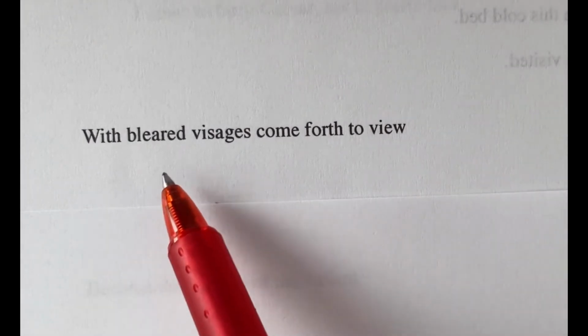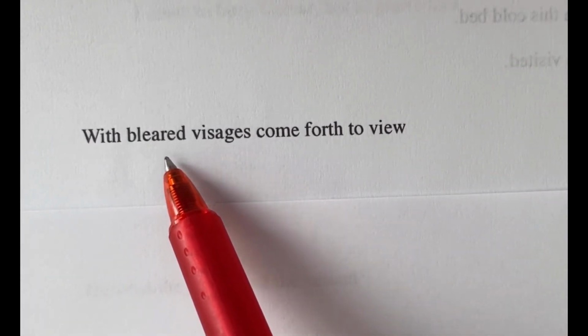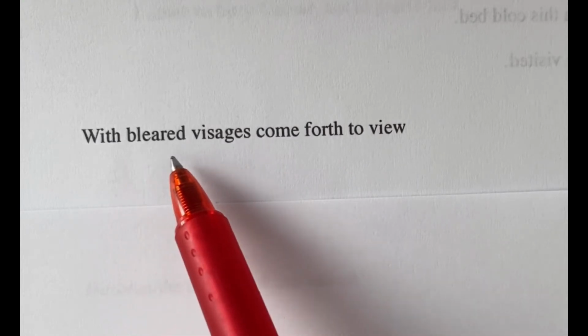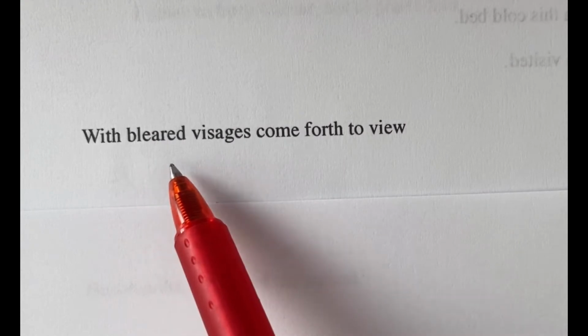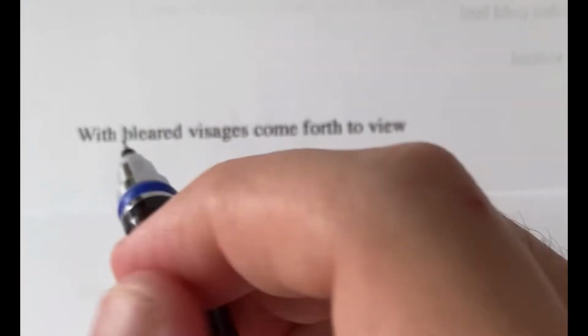So a trick we can use: in some of his words, Shakespeare wants us to pronounce the ed at the end of a word as a full syllable, ed, and not just d. So in this case, bleared would become bleared, with two syllables. Sometimes you'll see this marked with a little accent over the E to let you know that that is how it is supposed to be pronounced.